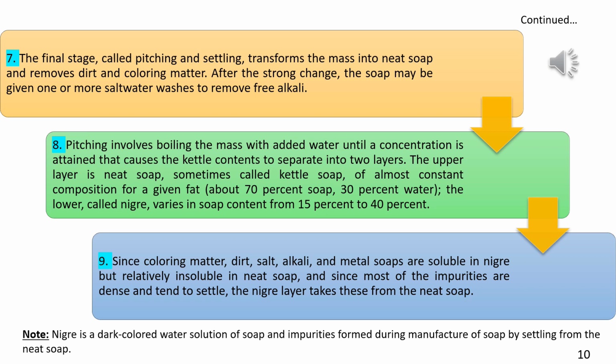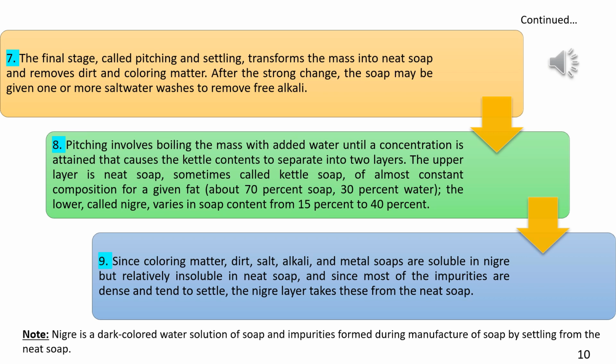In the upper layer, about 70% soap and 30% water are present, and in the lower layer, nigre, about 15% soap is present and water is present about 40%. And nigre is also called a dark colored water solution of soap and impurities formed during manufacture of soap by settling from the neat soap.